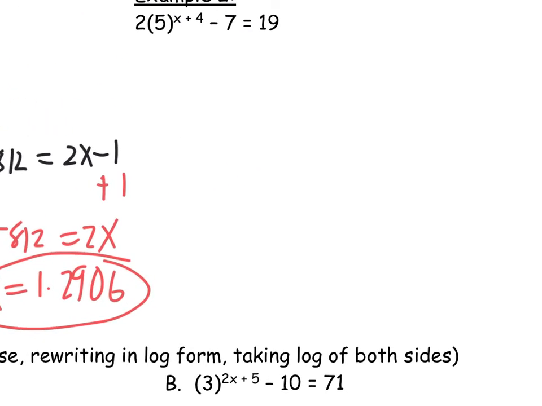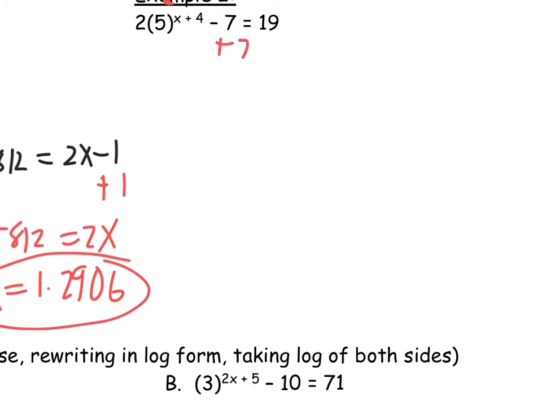Okay. So I guess I would do the same thing here. We could use the common log of both sides, so I'll show you the common log, but you could do the same thing we just did here if you wanted to. I'm just going to show you how to do it using the common log, where you divide one log by another log. So first of all, my base is 5, so you want to get that base by itself first again.